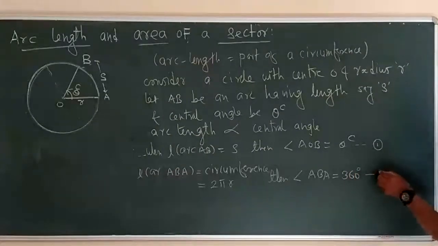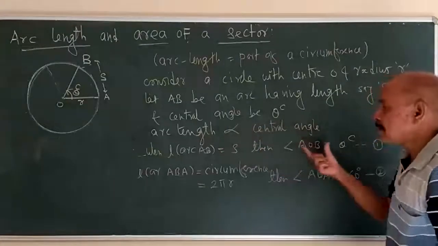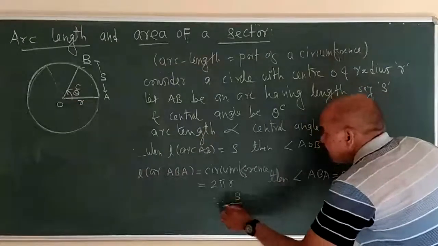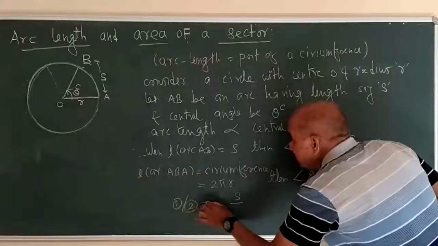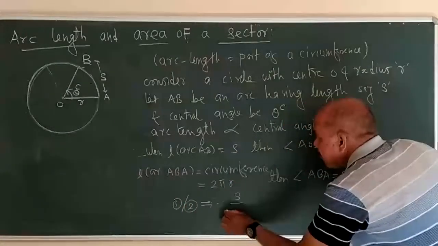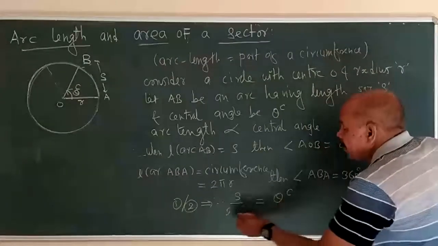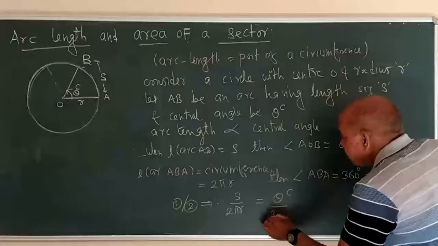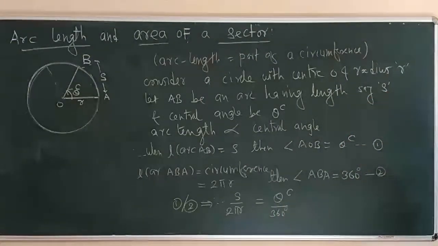We call this number 2. We know that arc length is proportional to central angle, and therefore divide 1 by 2. When the arc length is S, the central angle is theta radian. When the arc length is 2 pi r, the central angle is 360 degree.